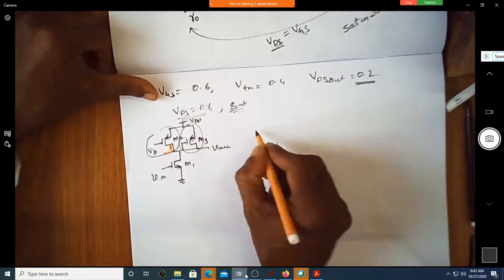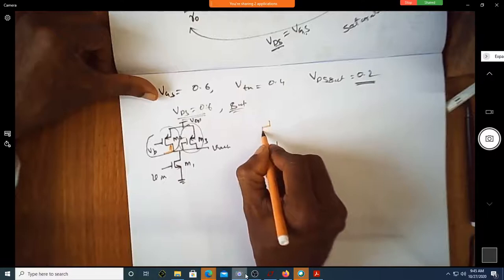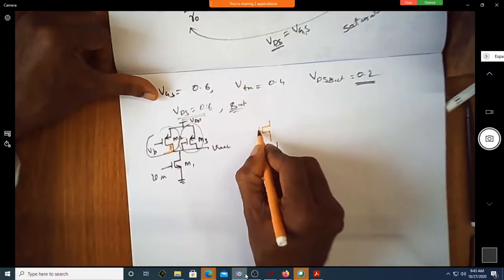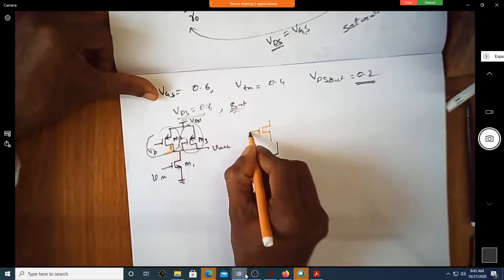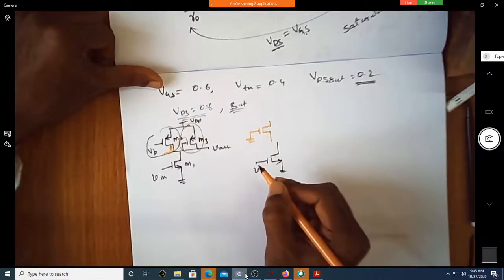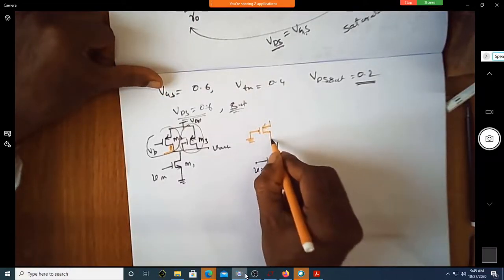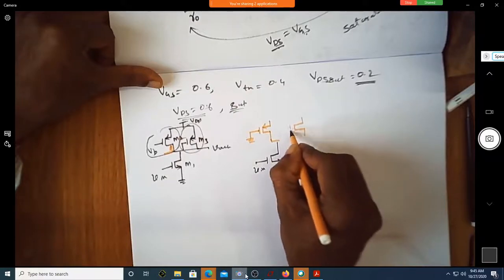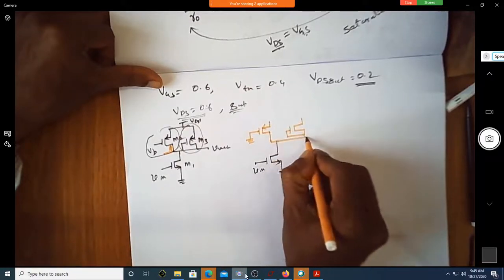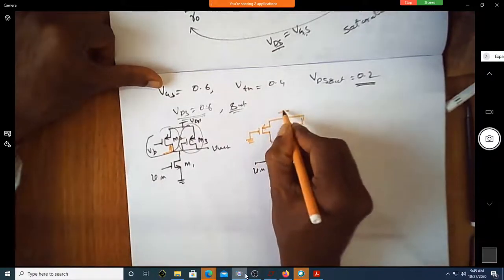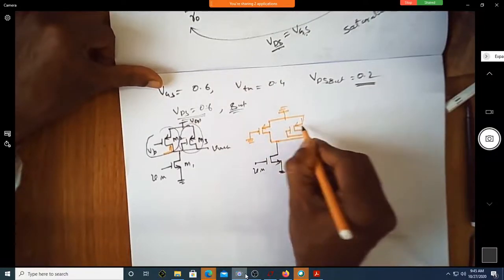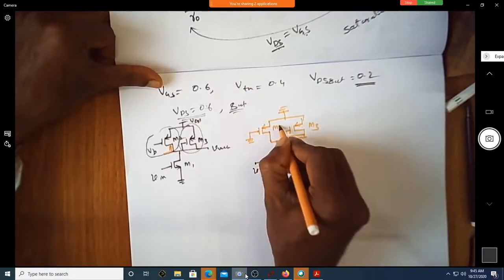First I'll do the AC ground. Shall I make this bias voltage AC grounded? Shall I make this also AC ground? This is M3, this is M2.